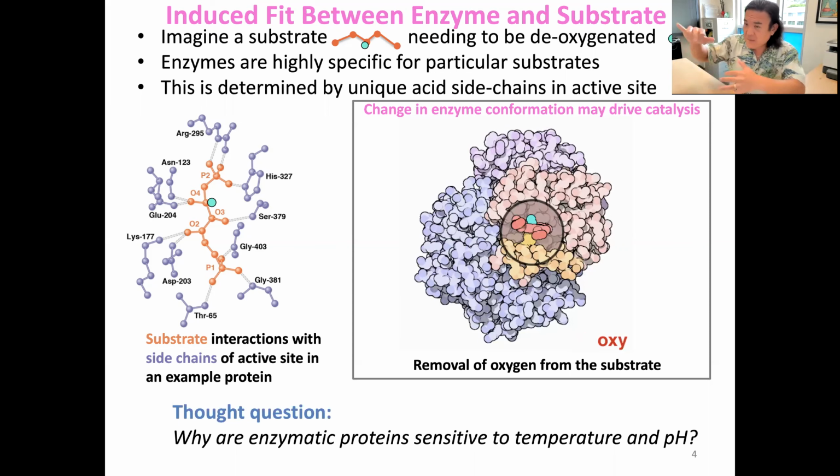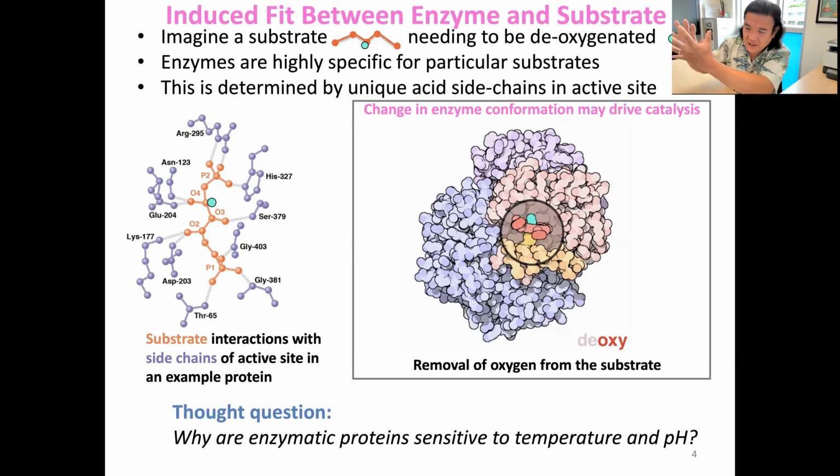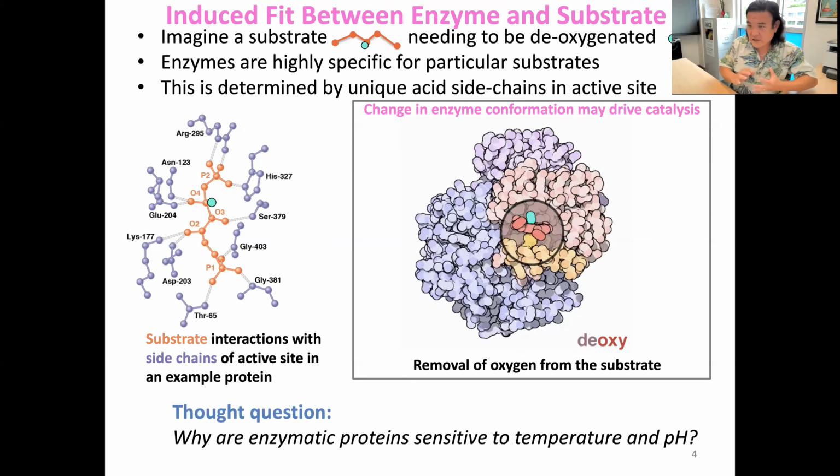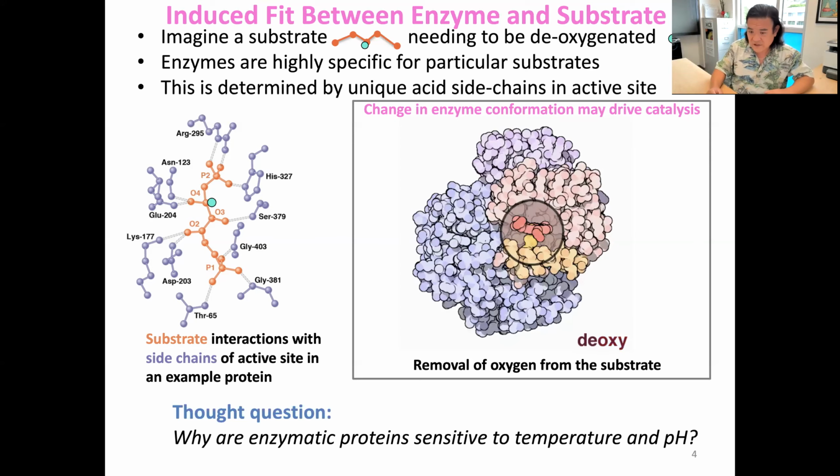But maybe the other amino acids vary so that the shape of the protein still holds together well at 90 degrees in the extremophile bacteria. But in our bodies, our version of the Taq holds together best at 37 degrees.